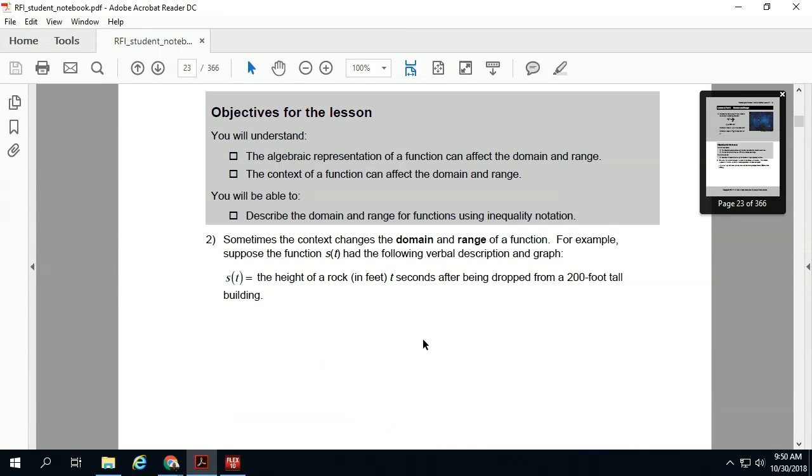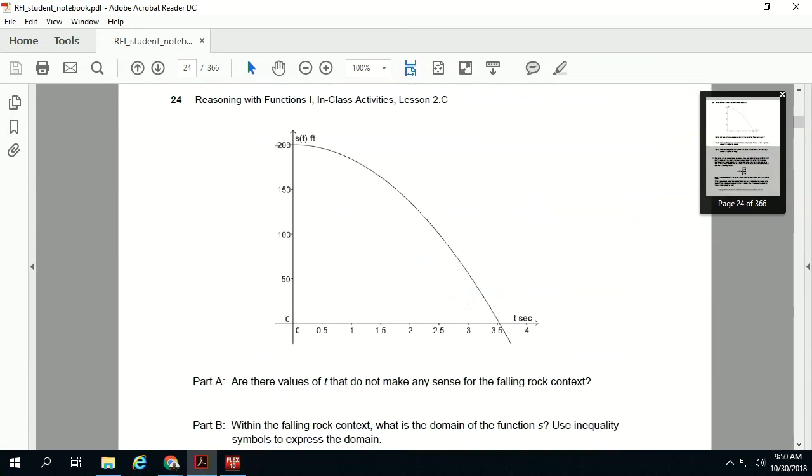So, let's talk about the height of the rock after it's dropped 200 feet. Here's the picture. A, are there values of t that do not make sense in this situation? T is not going to be negative, correct?